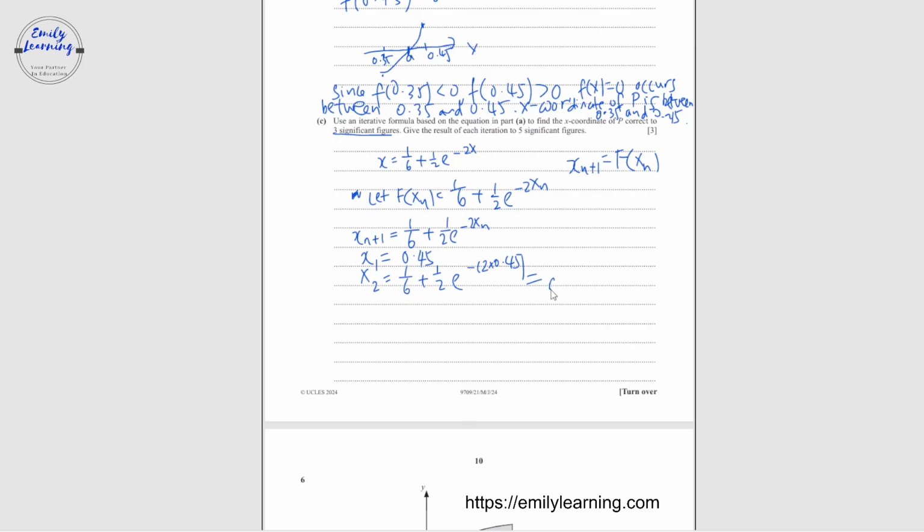So I get 0.36995. Okay, very different from the first one. So let me continue. x3.